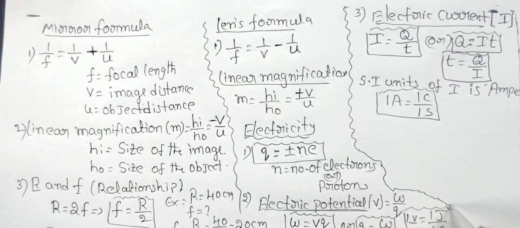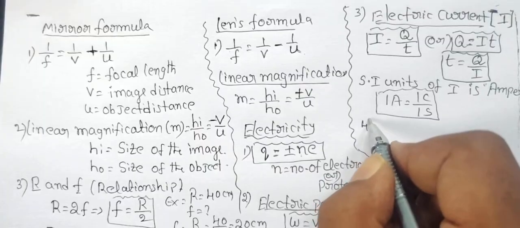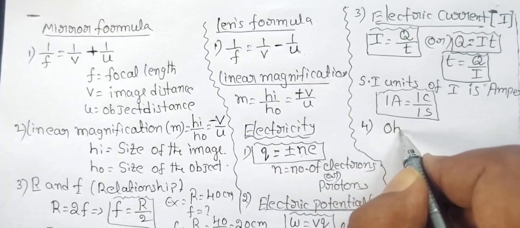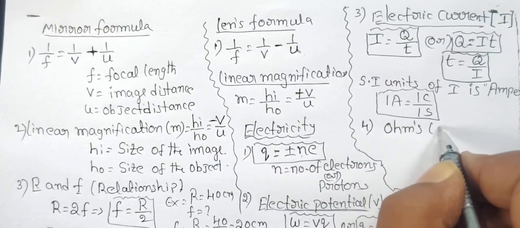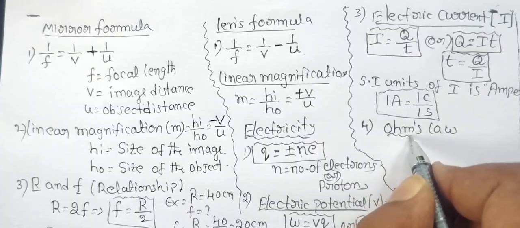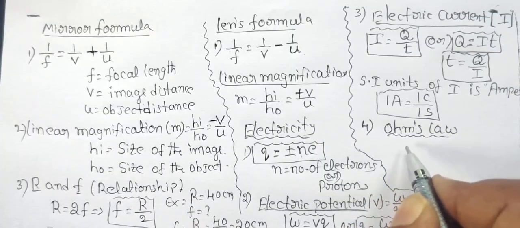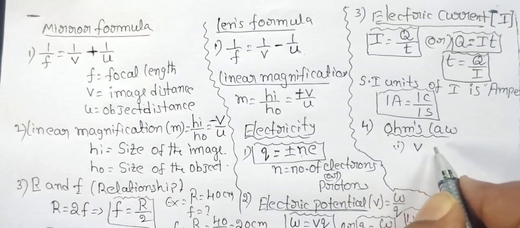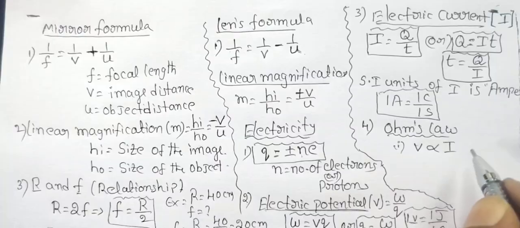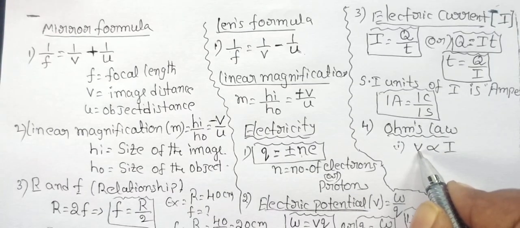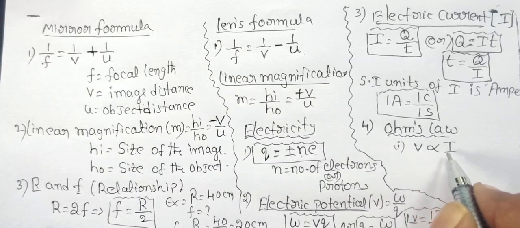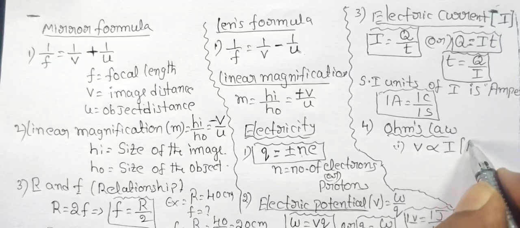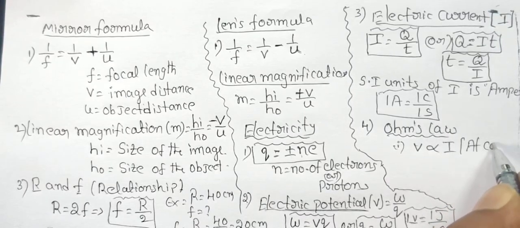Next is very, very important, students: Ohm's law. First remember, Ohm's law gives us the relationship between potential difference, or voltage, and electric current at a constant temperature. Here temperature should be constant.